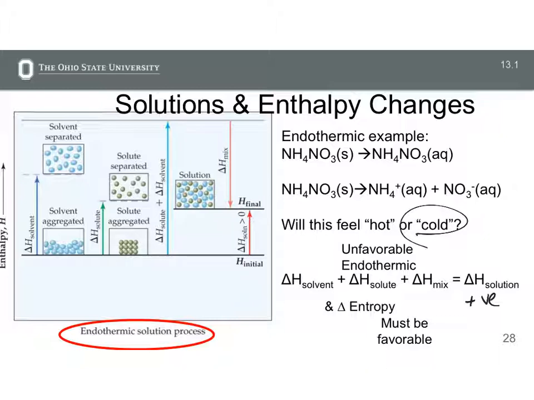This solution does form, but in terms of enthalpy, if it requires energy, has a positive delta H, why is it forming? And so this is where entropy is going to come into play. We talked a little bit about entropy last time. I basically said, don't worry about it too much until we get to chapter 19, which is still kind of true.